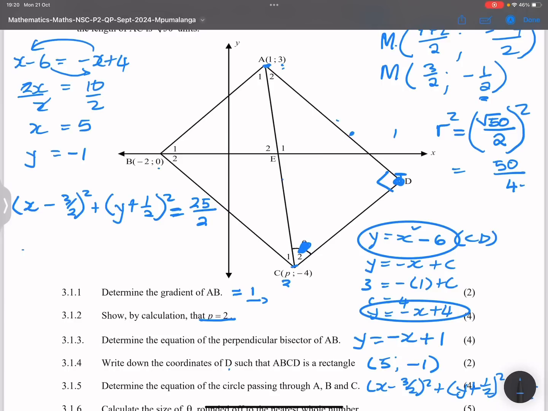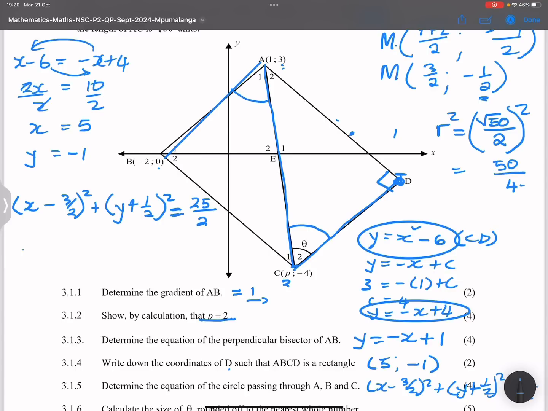Actually, there are several ways in which I can do it. I want you to see this. Remember that if it's a rectangle, it means that these would be alternating angles. Okay, so which means that theta is equal to angle A1.